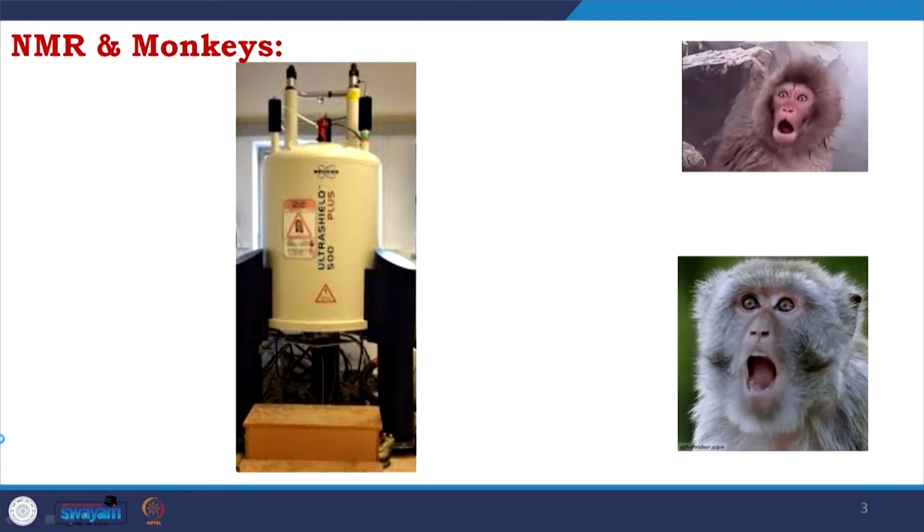There was a presentation from a company that sells NMR instruments, and the first picture was an NMR machine like you could see on the screen, with a lot of monkeys surrounding the machine, all very elated, not understanding anything of what is happening.